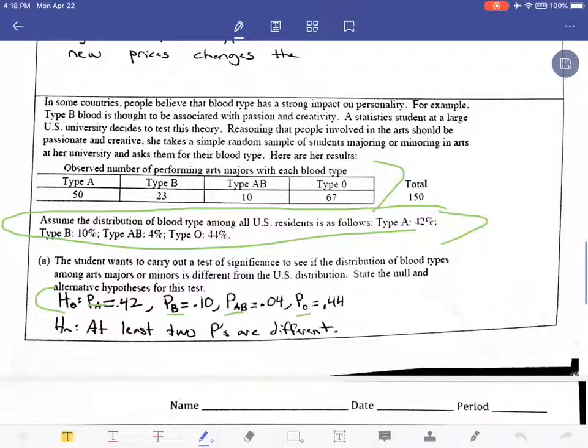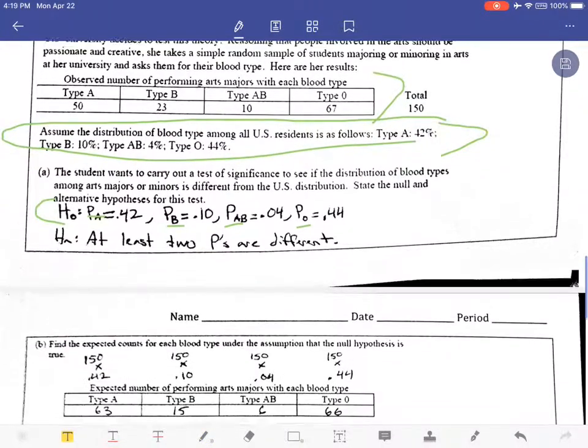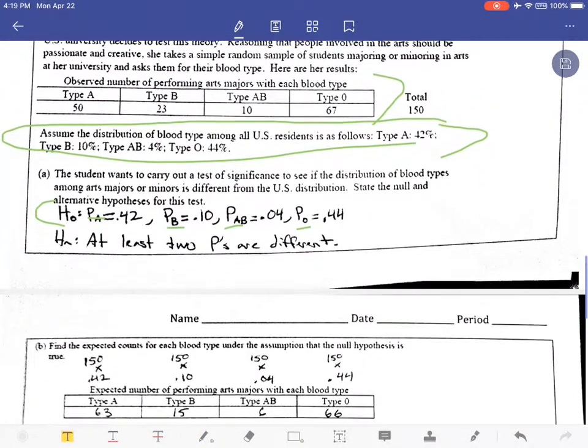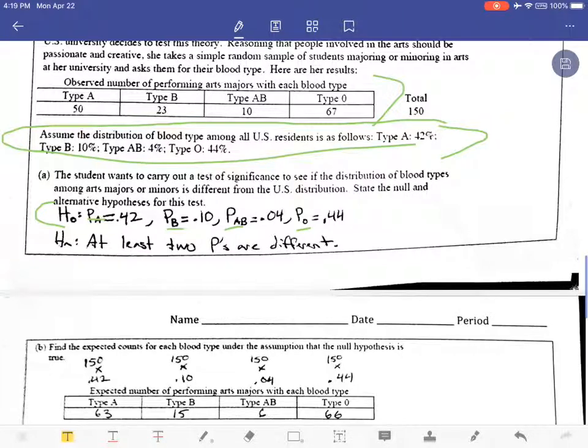That's our alternative hypothesis. All right, now let's go down to our next one, which is our expected counts, expected values, expected numbers. Again, different names for the same thing. So this is what we would expect to get from our sample if there really wasn't a change and these proportions that we listed for our null hypothesis were the same.